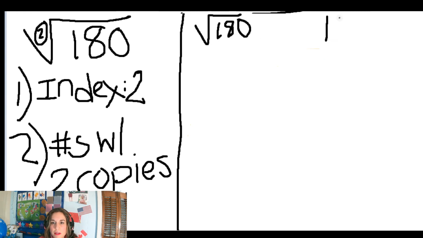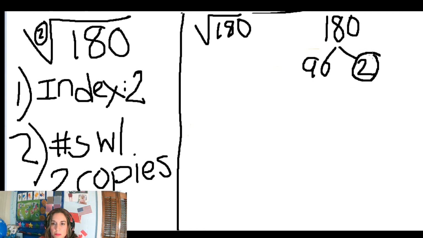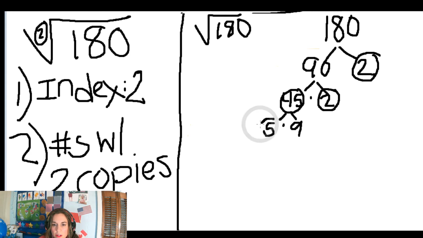So I'm going to take my radicand, which is 180 here, and I'm breaking it into its prime factorization, okay? So I'm going to start with 90 times 2. 2 I know is prime, 90 I know is not, so I need to keep going. I know that 90 is 45 times 2. Again, 2 I know is prime, but 45 certainly isn't. 45 is equal to 5 times 9. 5 I know is prime, but 9 is not. 9 is equal to 3 times 3.